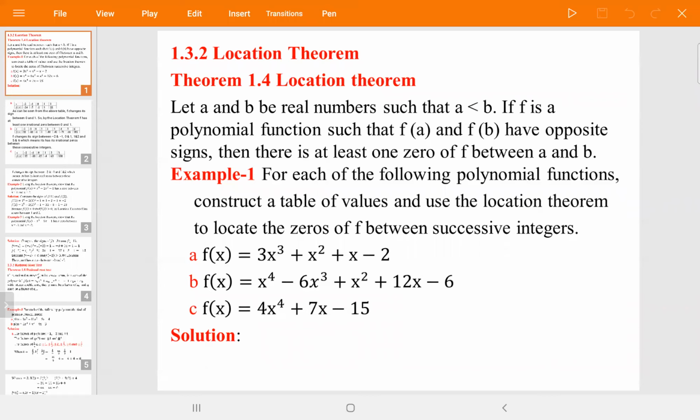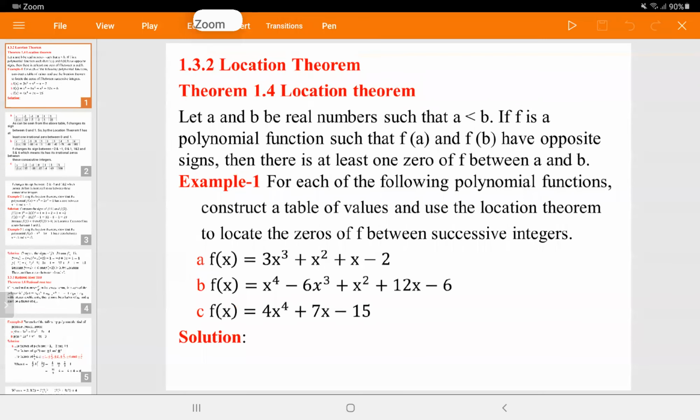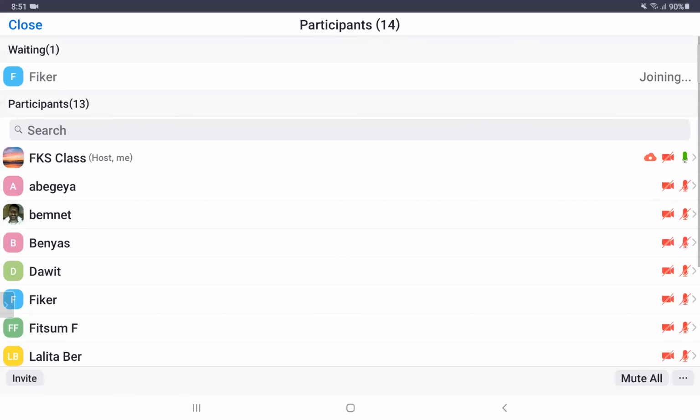So the location theorem guarantees the existence of a zero, and the zero of a polynomial is obtained where the polynomial changes its sign between consecutive integers in our context.